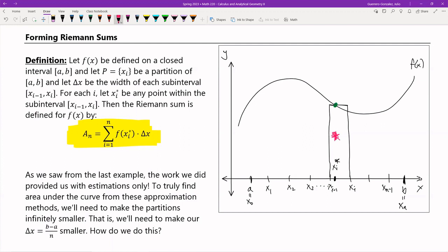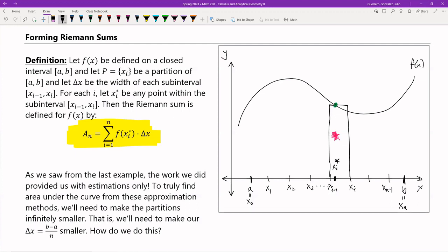But if we want the most accurate approximation to the area under a curve, we want those subintervals to be infinitely small, very, very tiny. And how do we do that? We need to take a limit.